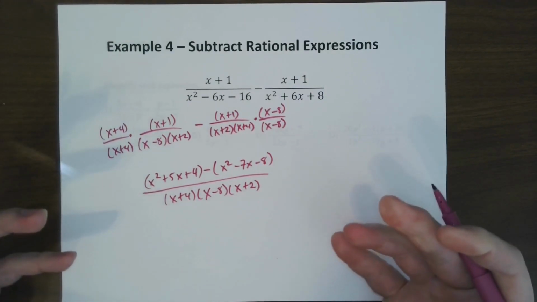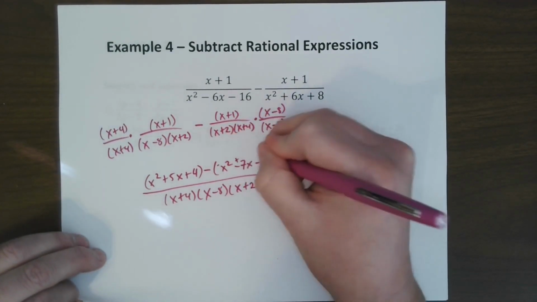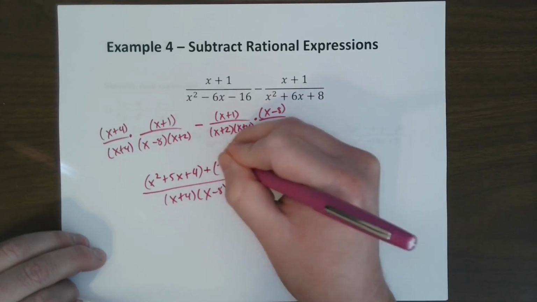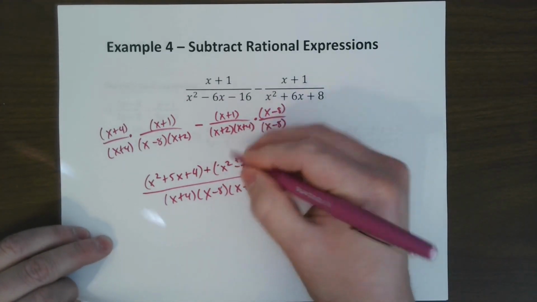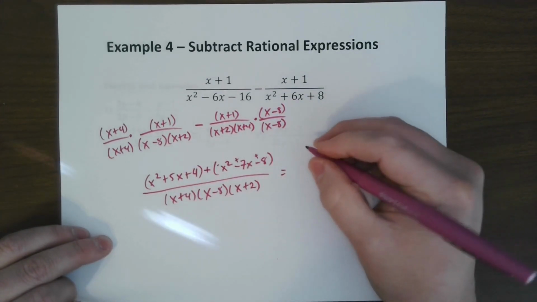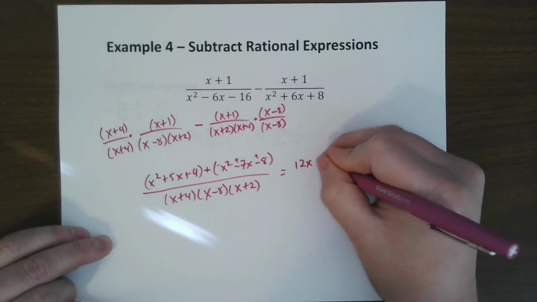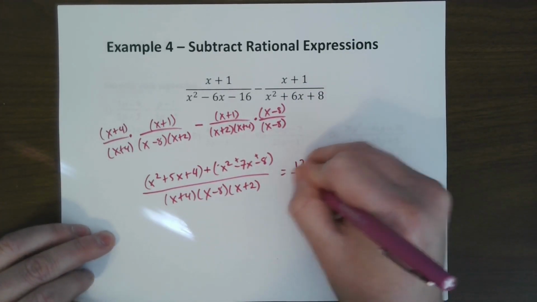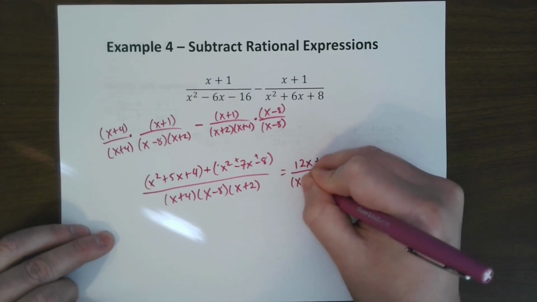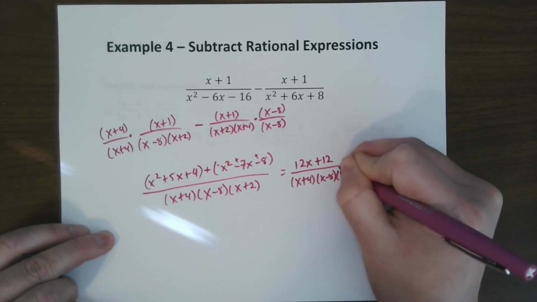When I do this, I like to distribute the negatives, so this would be negative, positive, positive. And now I combine my terms. The x squareds cancel. 5x plus 7x is 12x. And 4 plus 8 is 12. Over x plus 4, x minus 8, x plus 2.